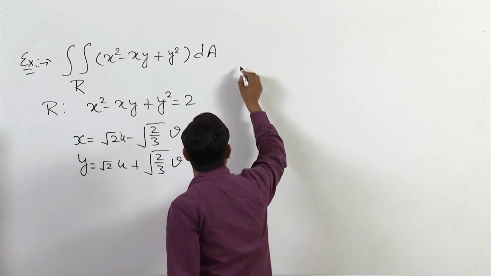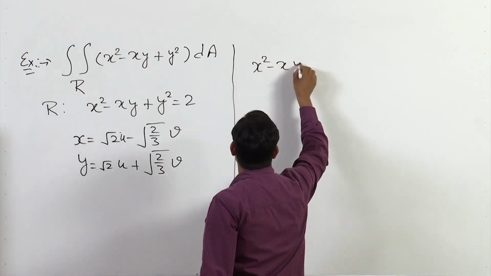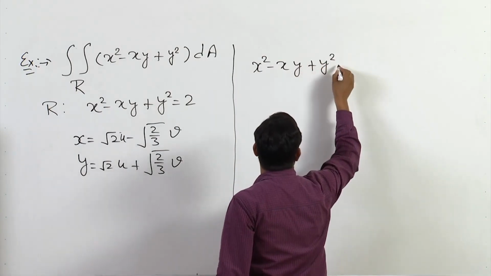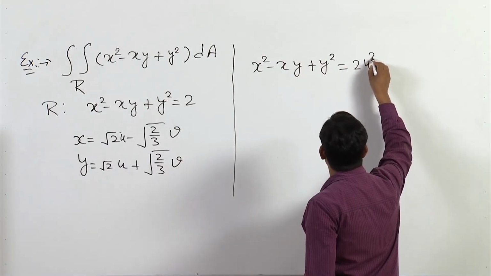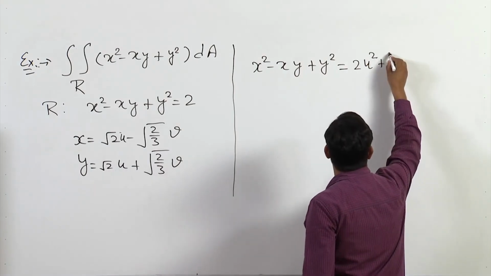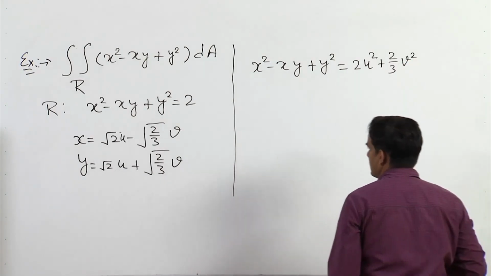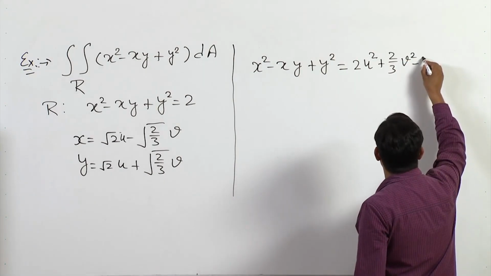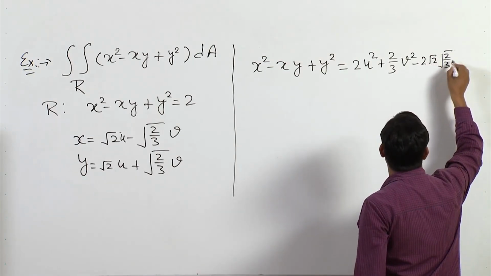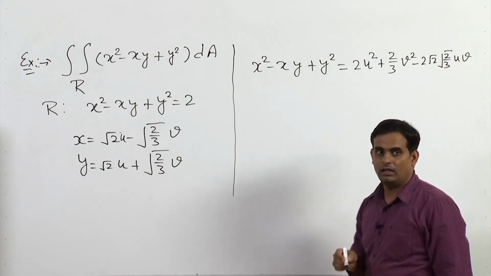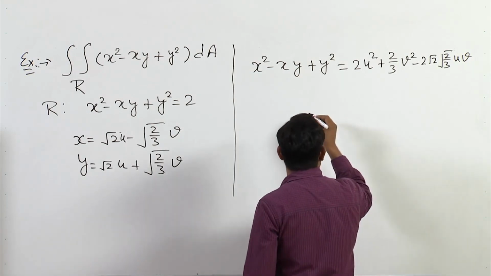So, earlier I am having this one. x square minus xy plus y square. x square will become 2 u square plus 2 by 3 v square minus 2 root 2 by 3 into u into v, then minus xy.